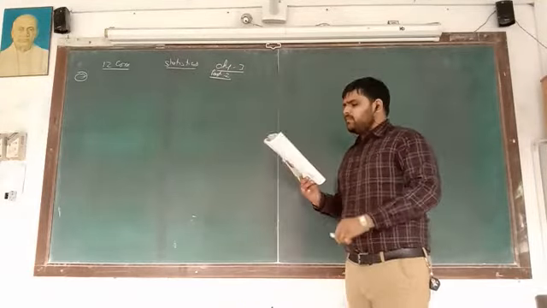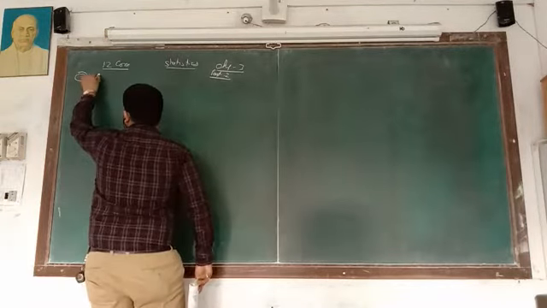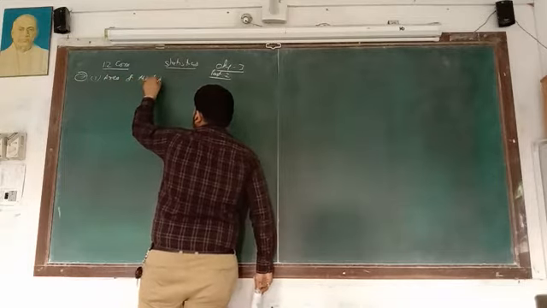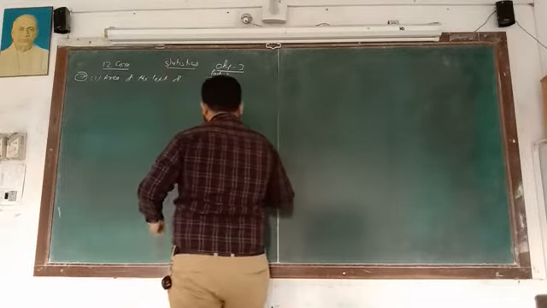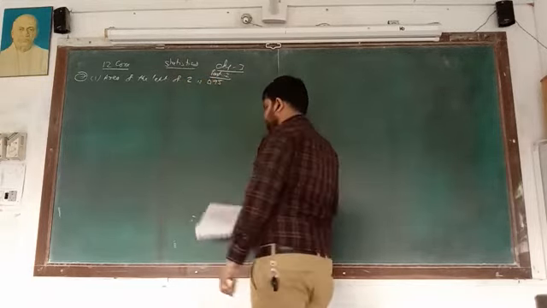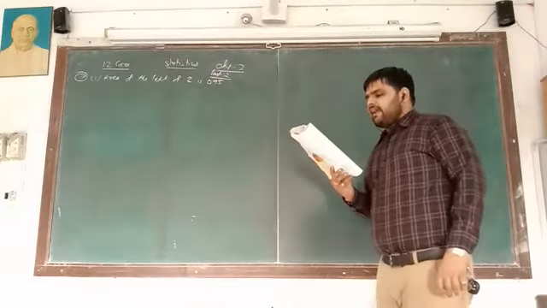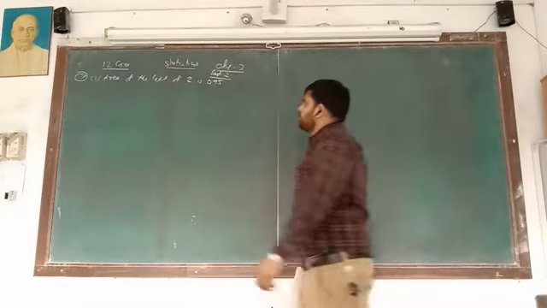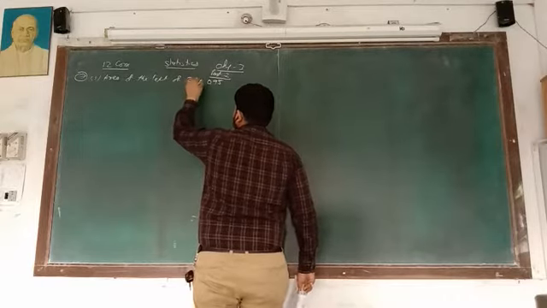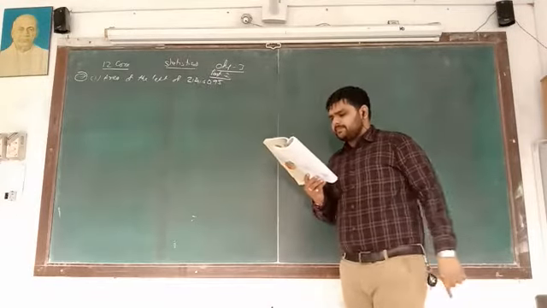Number 1, the area to the left of z1 is 0.95. And the second one, the area to the right of z, that is z equal to z1, is 0.05.